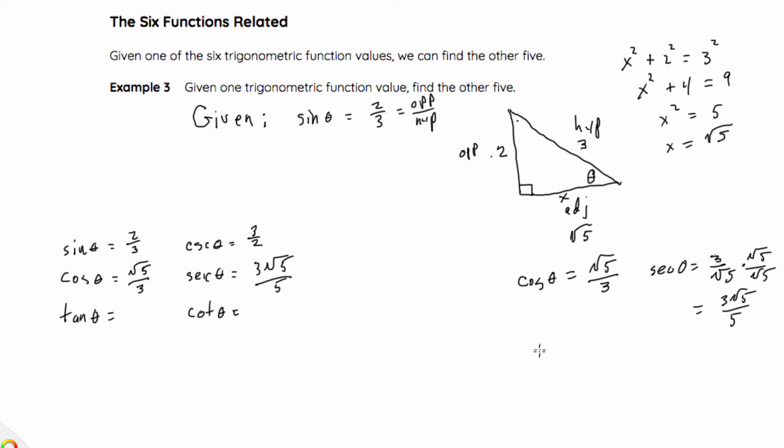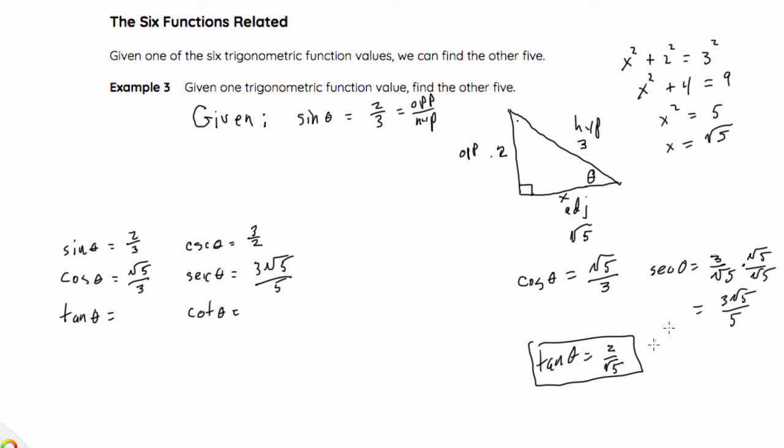Okay, tangent. The tangent of our angle is 2 over root 5. Now, we're going to be back to this in a second when we go to find cotangent. You'll hear me hopefully say a couple times, don't re-rationalize a denominator.